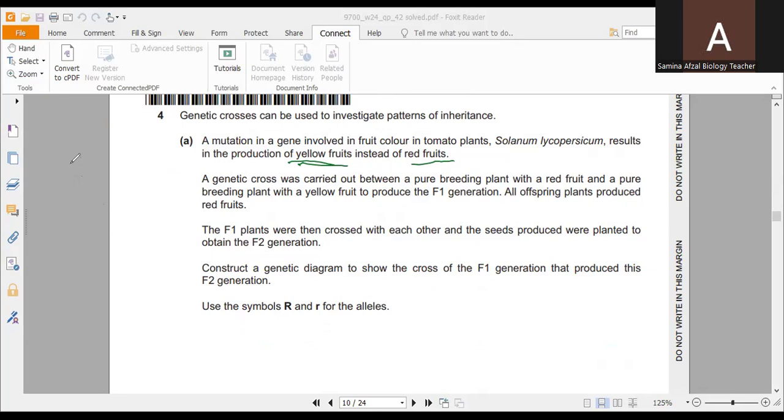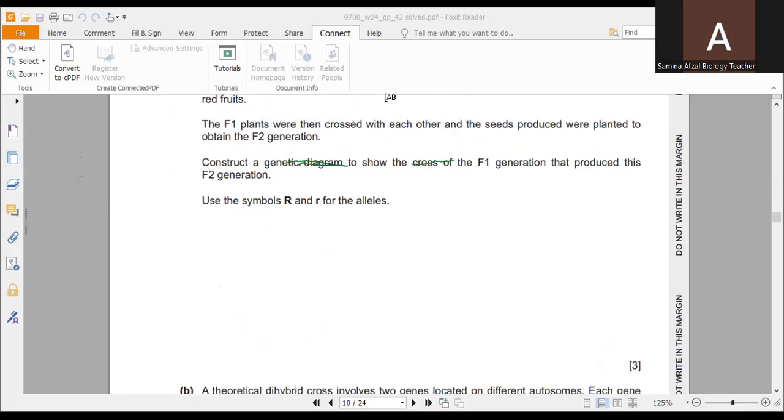The F1 plants were then crossed with each other and the seeds produced were planted to obtain the F2 generation. Construct a genetic diagram to show the cross of the F1 generation that produced this F2 generation.